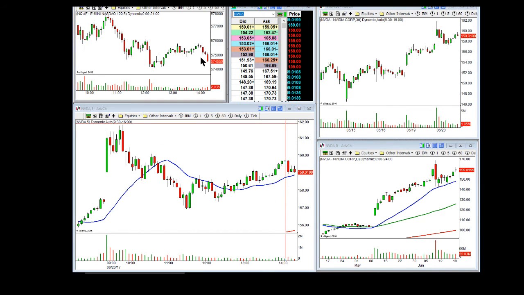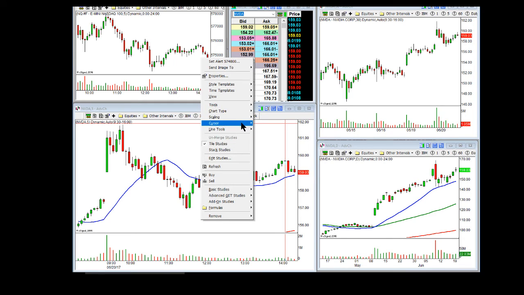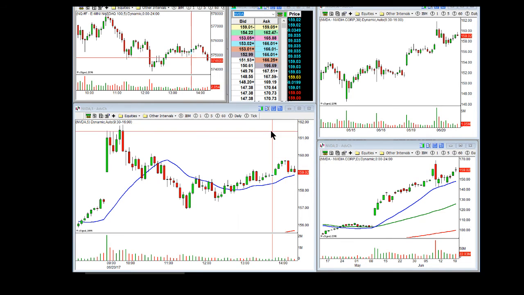And we can line these up, and you can see that they happen together. That's why if you're going to be an intraday trader, you need to be aware of what the broader markets are doing if you're going to trade a stock that's going to be influenced by the broader markets.